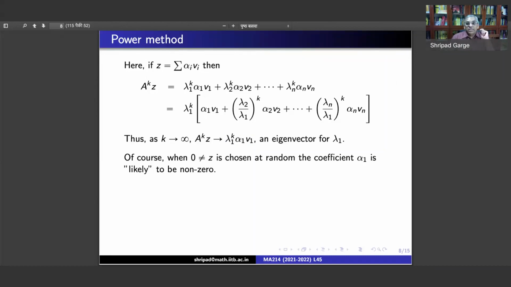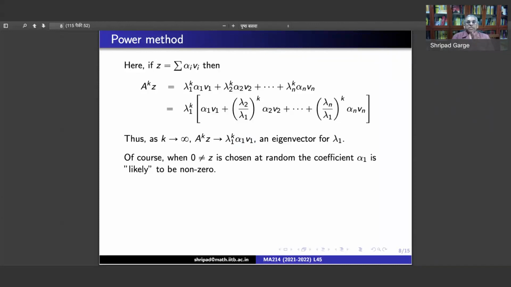And if alpha 1 is 0, then the limit of this quantity will be 0. We don't want a 0 eigenvector. The eigenvector has to be non-zero. So if that happens, we will have to modify. This is not the tweak to the power method that I was talking about earlier. This is a trivial tweak.